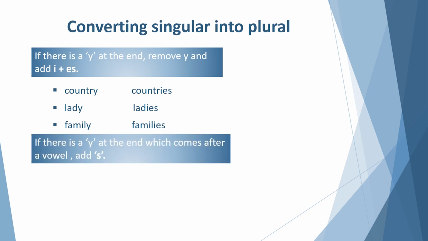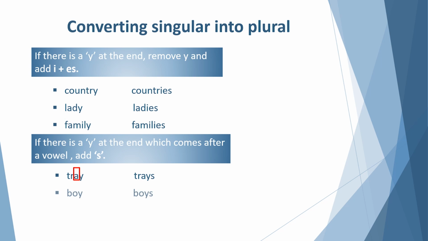But if there is a Y at the end which comes after a vowel, then you will add S. For example, tray becomes trays. So remember, there is a vowel before Y. That is why we have used trays as a plural noun.